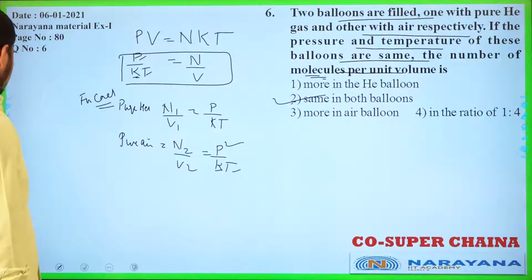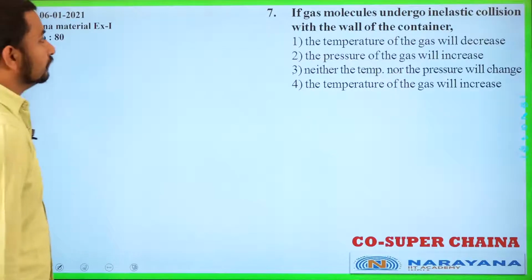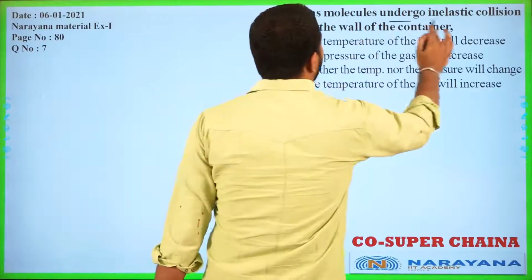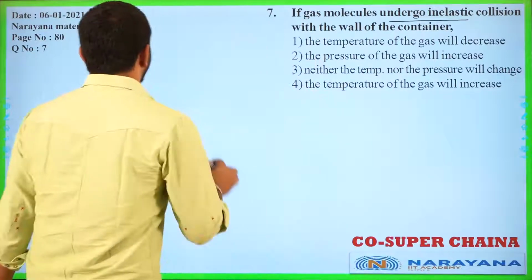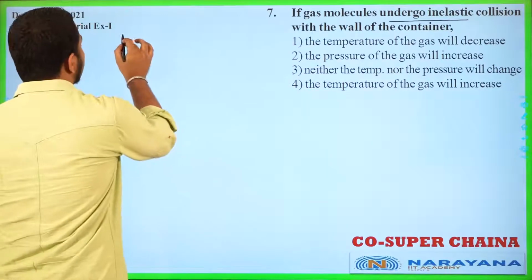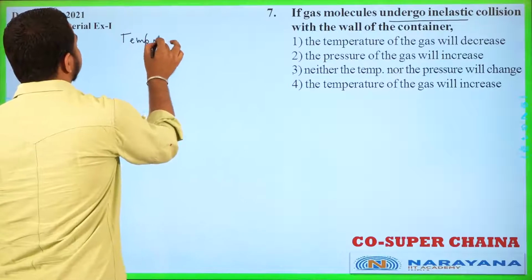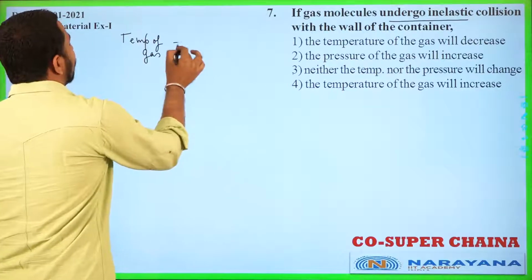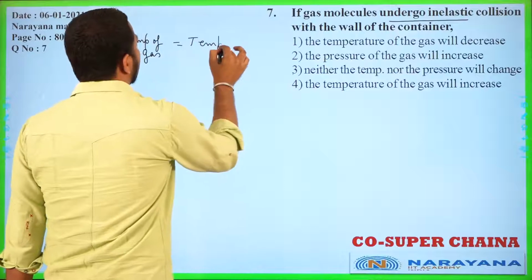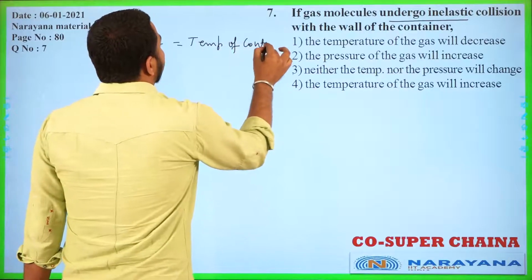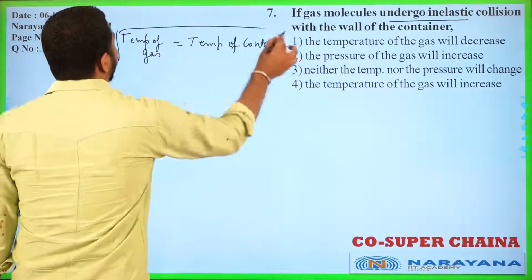So let's move to the next question, student. If a gas molecule undergoes elastic collision, the temperature of the gas will be the same as the temperature of the container. So there is no temperature difference.